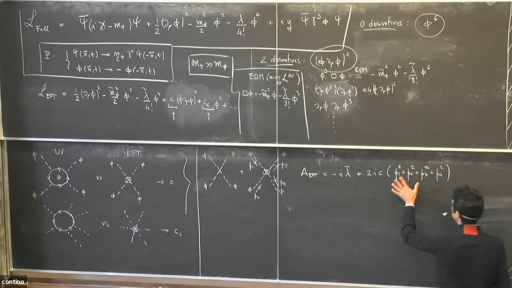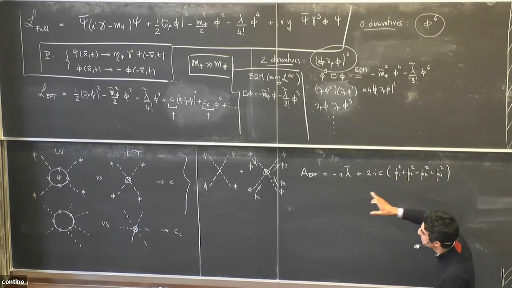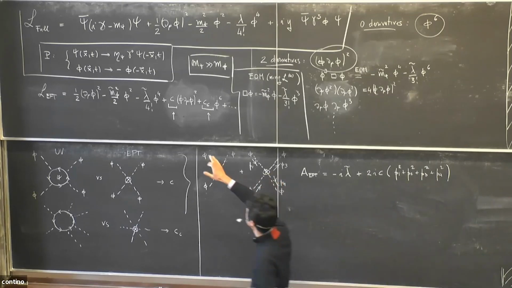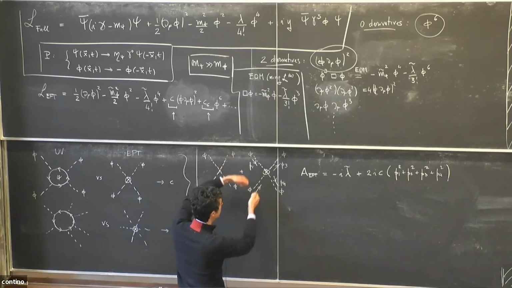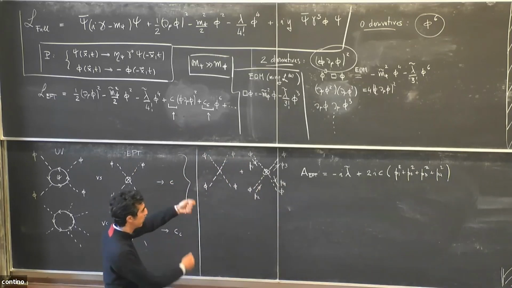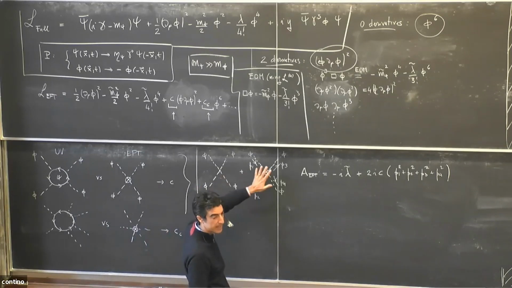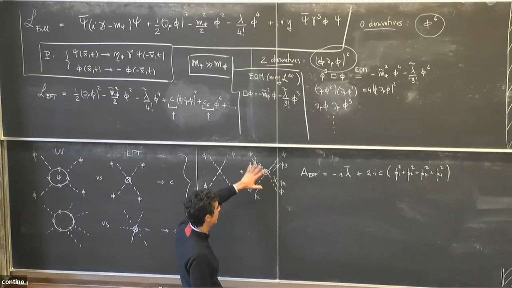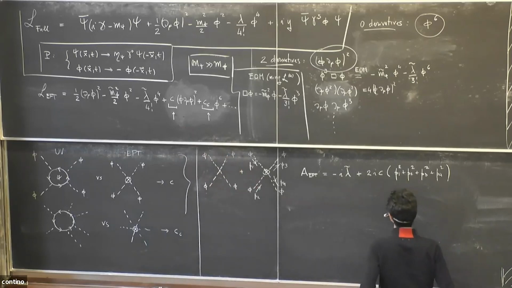The fact that you reconstruct the sum of the squares is not completely obvious at the beginning, because the operator involves products of any two of these momenta. So P1.P2, P1.P3. So eventually, as an exercise, once you take into account all possible Wick contractions, and all possible contributions, you reconstruct this form here.